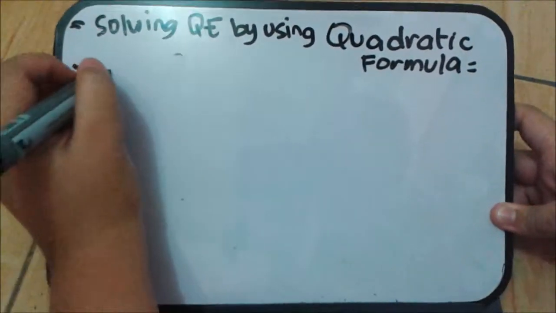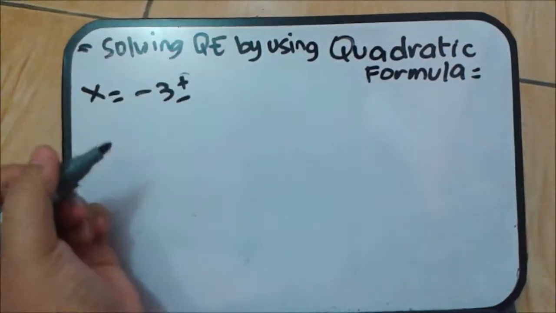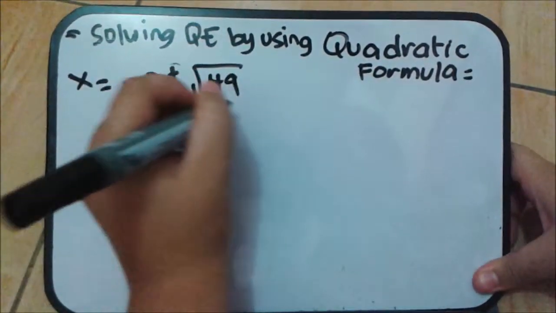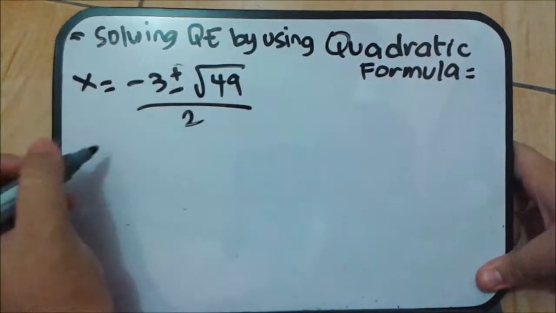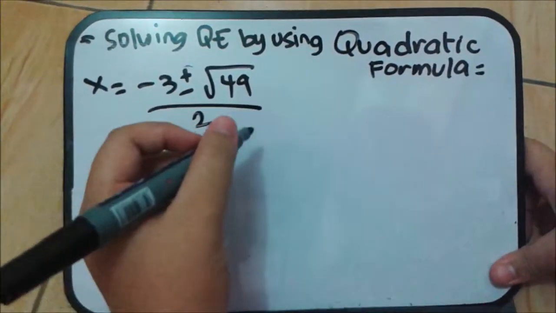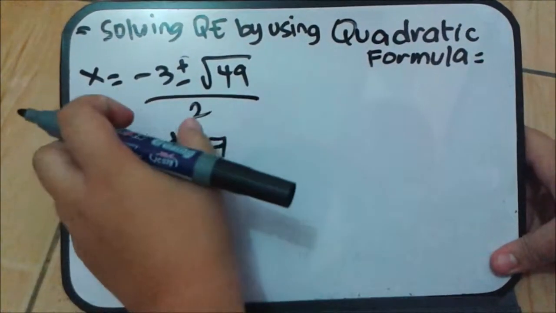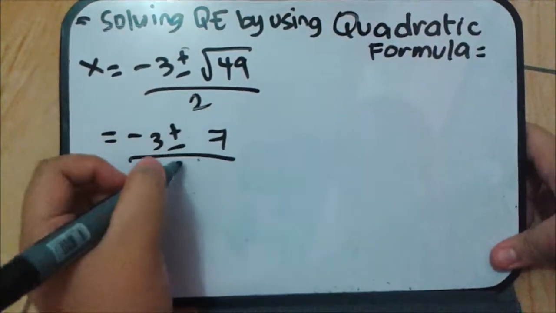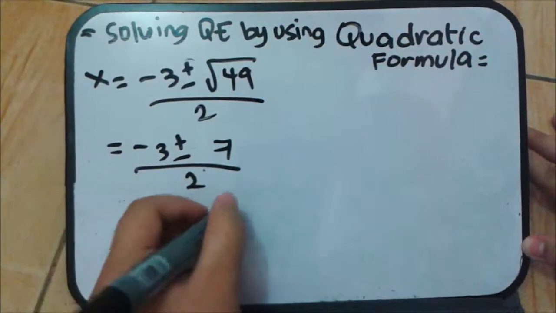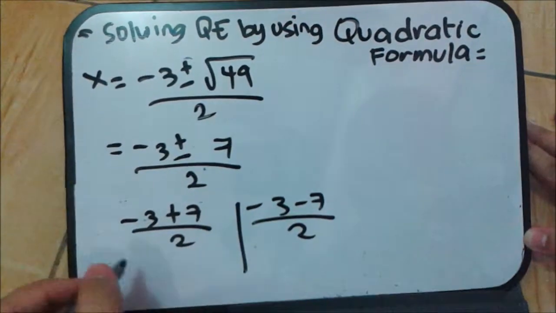Next, x equals negative 3 plus or minus the square root of 9 plus 40, which is 49, over 2. The square root of 49 is 7, so negative 3 plus 7 over 2, and negative 3 minus 7 over 2.